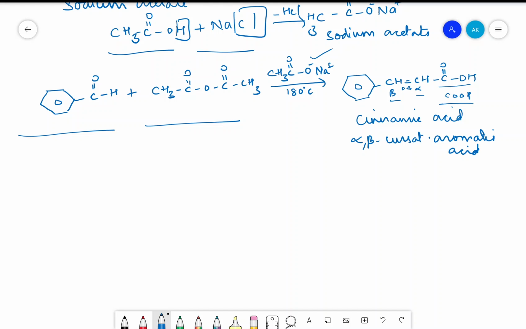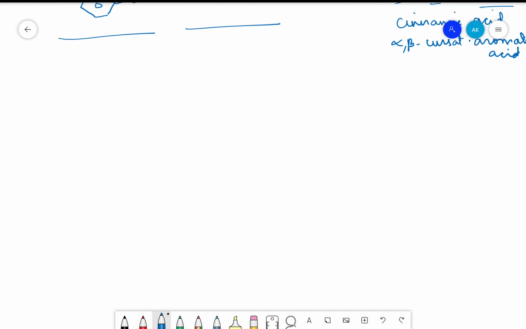The mechanism for this reaction involves the following steps. Step 1 is the acetate ion, that is CH3COO minus, which is going to react with acetic anhydride. I'm going to write acetic anhydride as CH3 C double bond O O C double bond O CH3, with the CH3 shown as CH2 and another hydrogen.